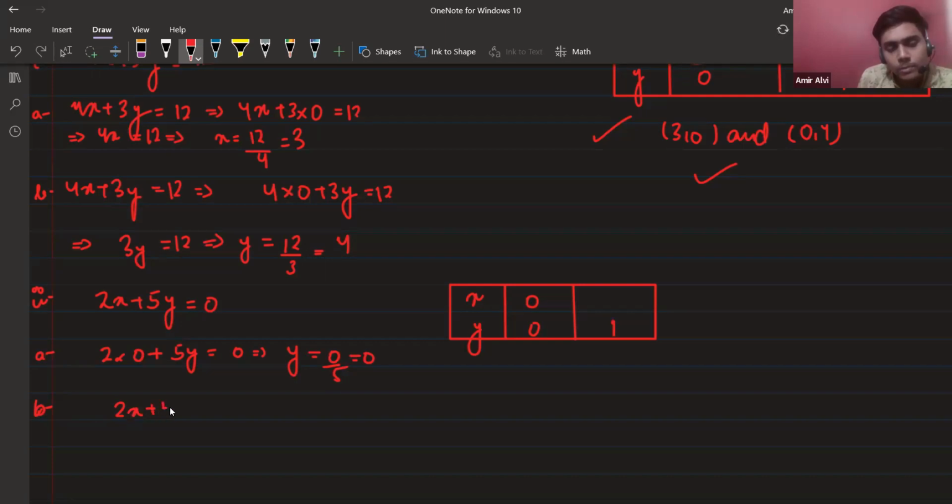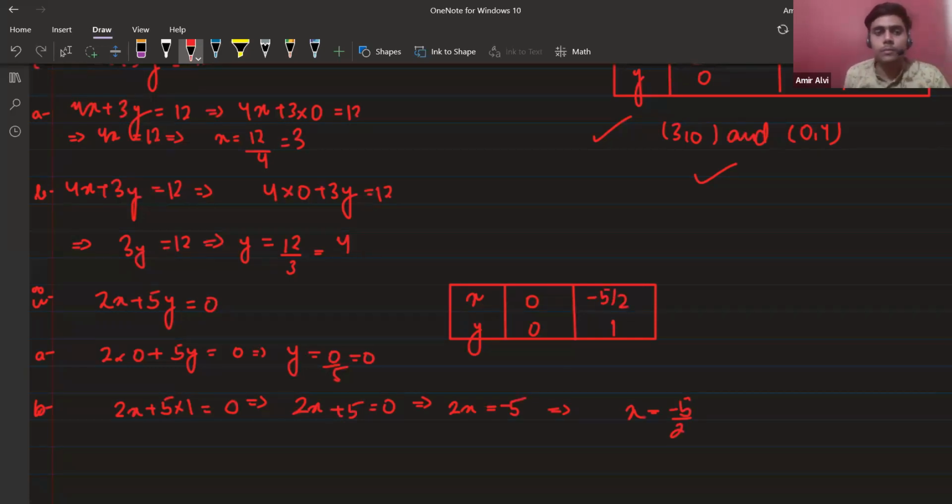So 2x plus 5 into 1 equals 0, yes or no? 2x plus 5 will be equal to 0. 2x will be equal to minus 5. So x will be equal to minus 5 upon 2. Yes or no? Have you got it? Yes. Very good.